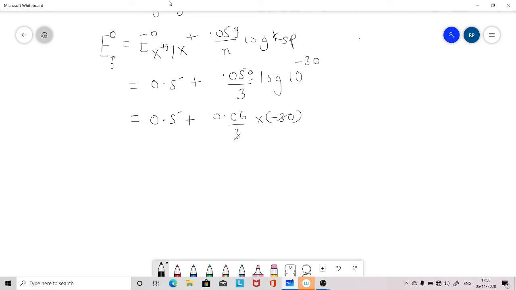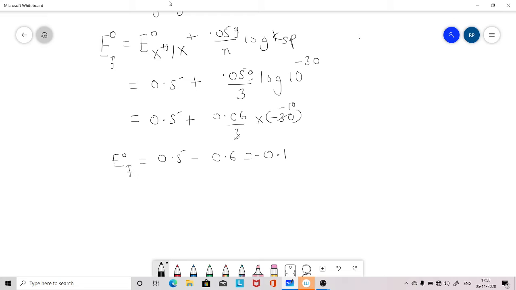That will become minus 10 into 0.06, so that will become 0.6. So 0.5 minus 0.6, ultimately it will come to 0.1, and this is in minus. Remember this is in minus. So this is the E naught value of this reference electrode.